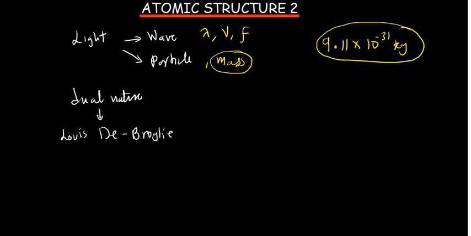Now, since we are saying light is both a wave and a particle, it should behave the way particles behave, and it should behave the way waves behave. There is one man called Heisenberg.